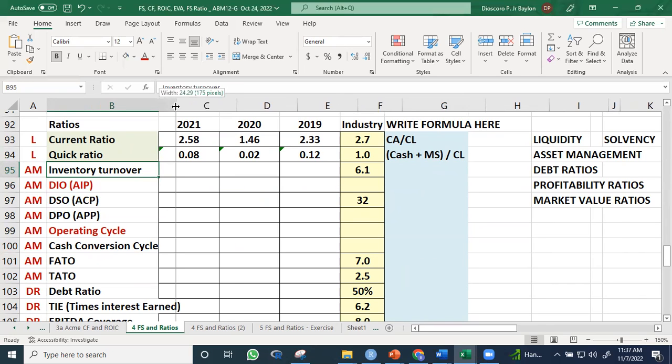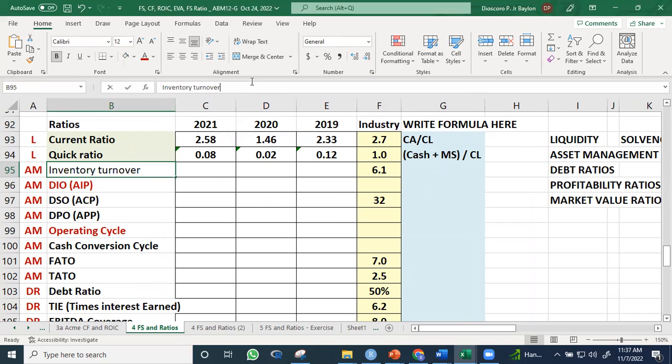Sulat ko ba dito? So this is your, lagyan natin ng ITO, no? So that's your inventory turnover. Okay. Ano yung ratio ng inventory turnover? What's the formula?